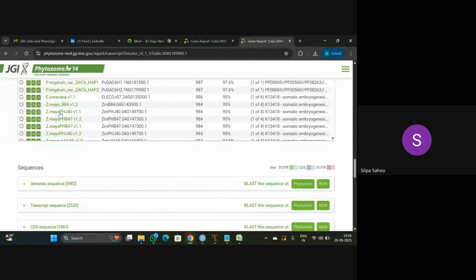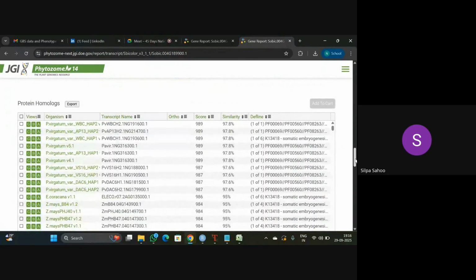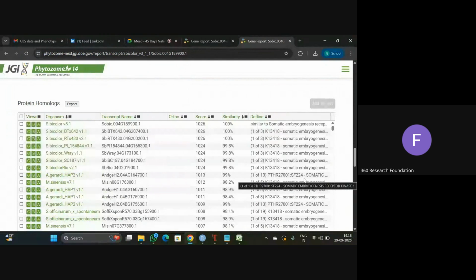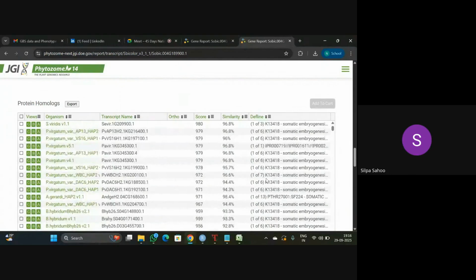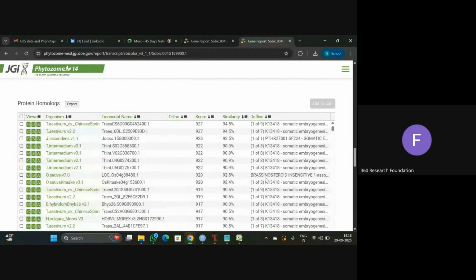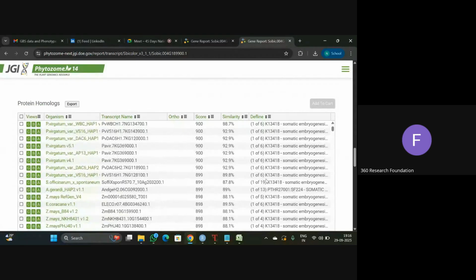Sir, in case of similarity other than 100%, will the gene product be the same or different? Means that protein. You can see here on the very right side, the last column. Here, as the similarity percentage changes, are you observing any change?